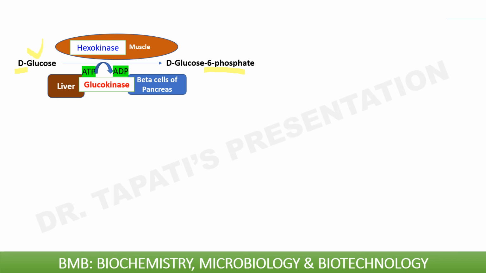Glucokinase is present in hepatocytes of liver and beta cells of pancreas, whereas hexokinase is found in most of the tissues.